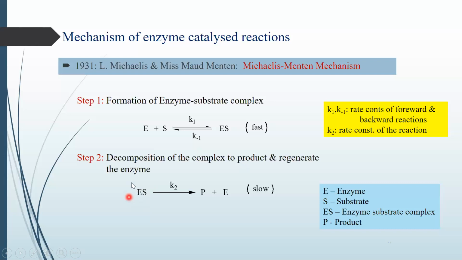We are not able to determine the concentration of the enzyme substrate complex directly. So in order to calculate the concentration of the enzyme substrate complex, we can use the steady state approximation.